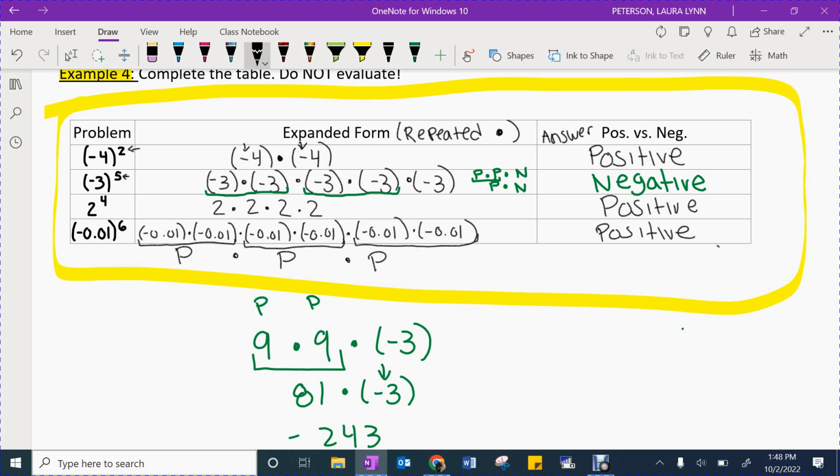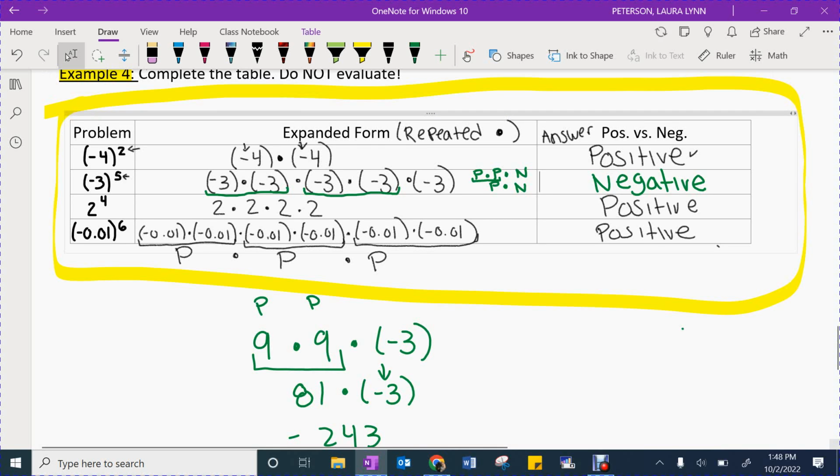That gave me a positive answer. On my second one, I had an odd exponent, and that gave me a negative answer. This third one, I had an even exponent again, and that gave me a positive answer. I think I might see a pattern. My last one, an even exponent, gave me a positive answer.